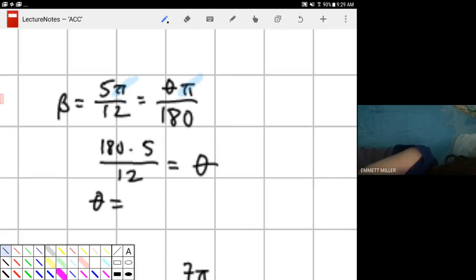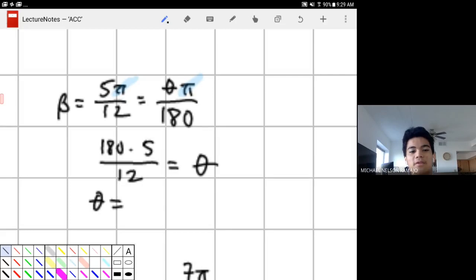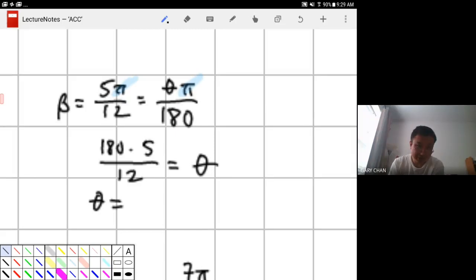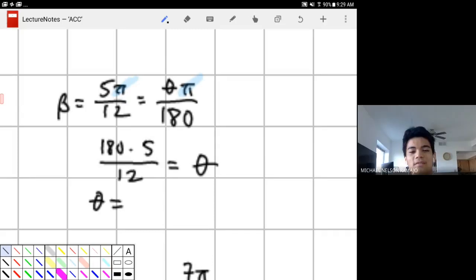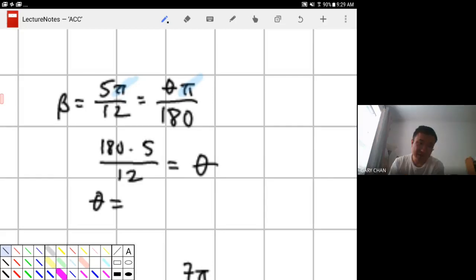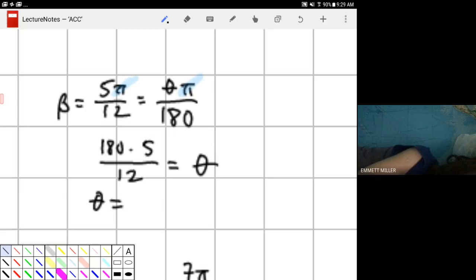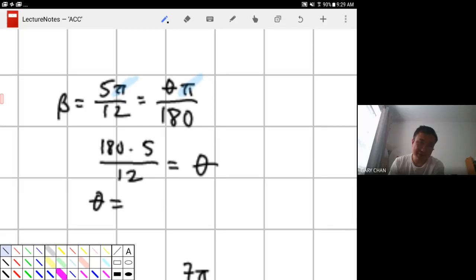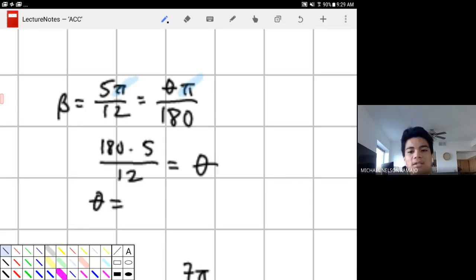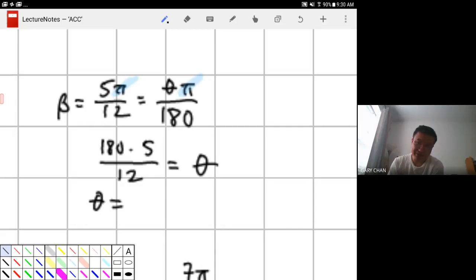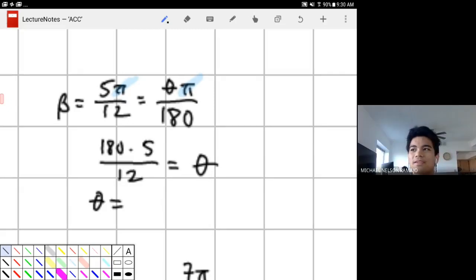It could simplify into 75 over 12. Yeah, 900 over 12. What's 900 divided by 12? 75. It's just 75. Oh yeah, you're right. It's just 75.